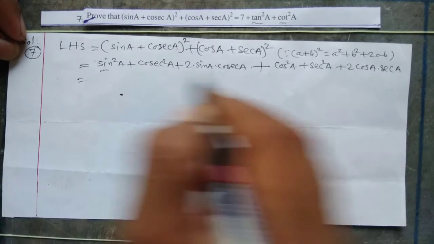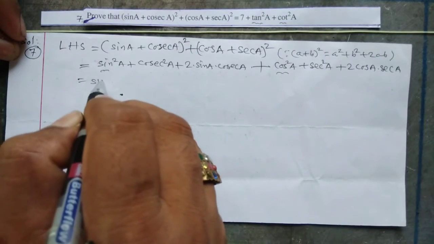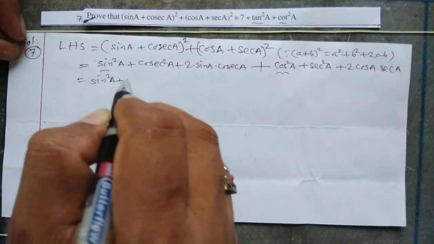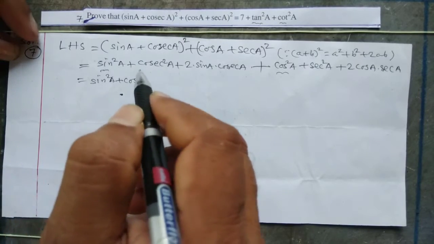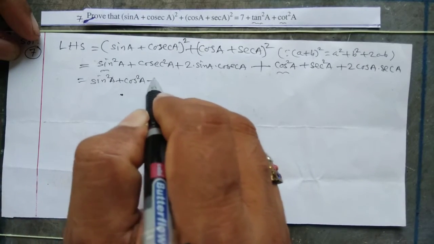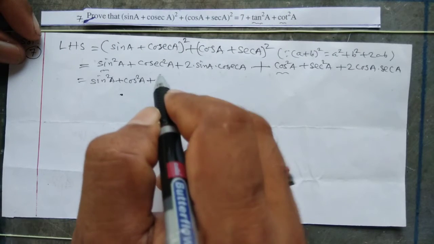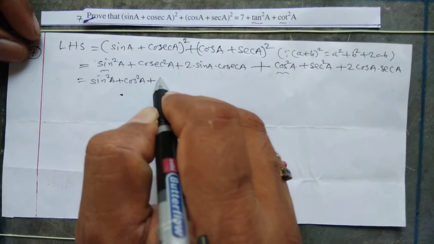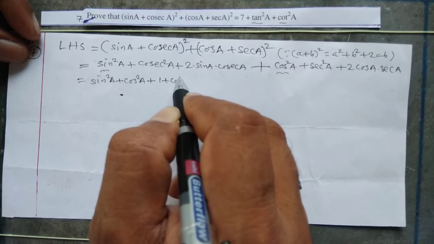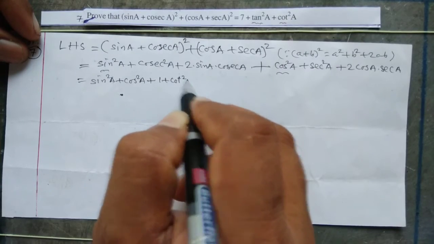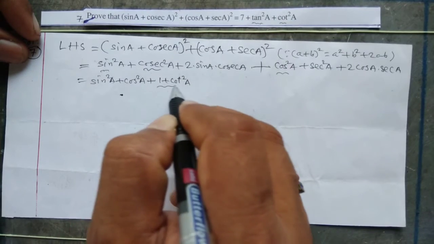Sin square A plus cos square A. We know cosec square A is equal to 1 plus cot square A. This is the formula.